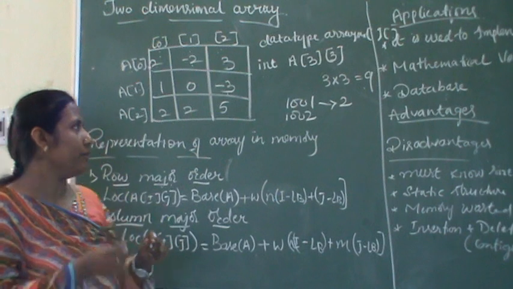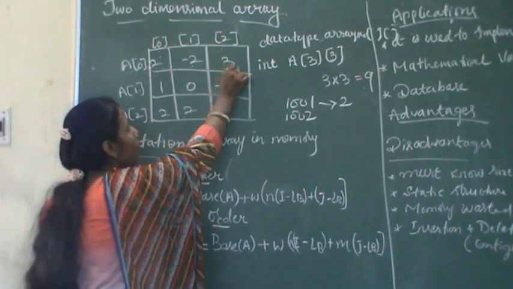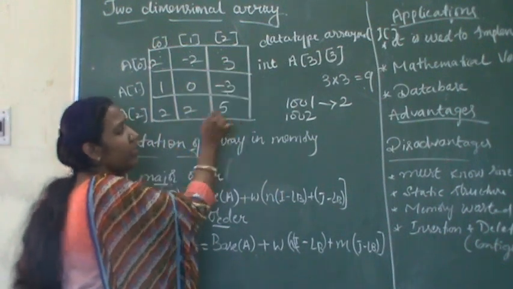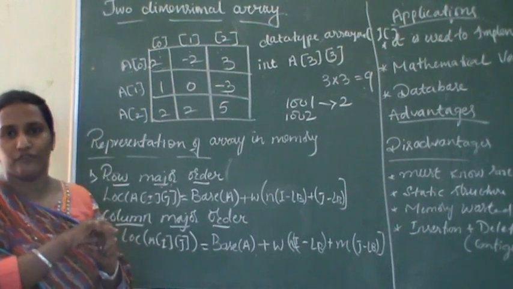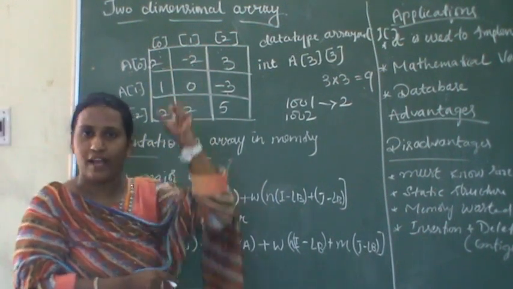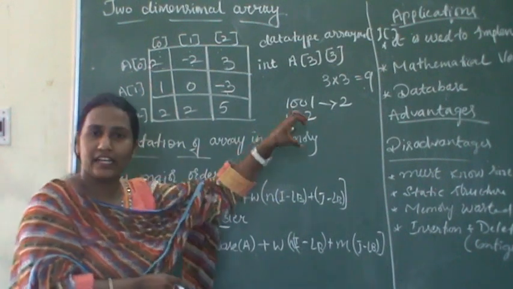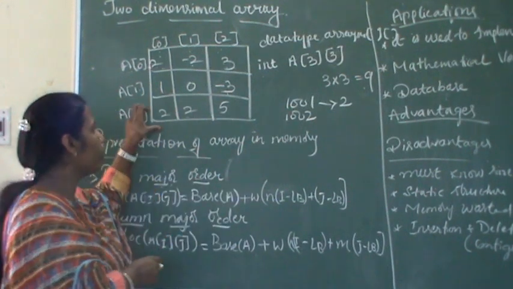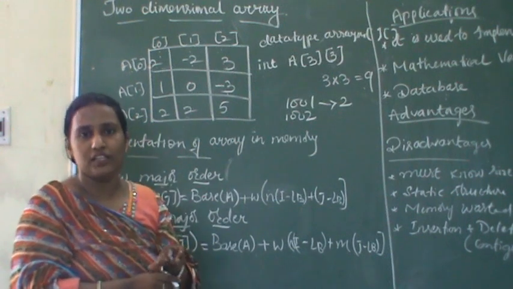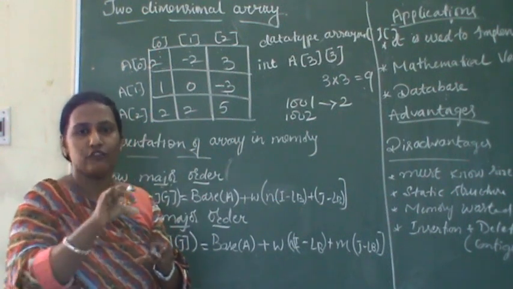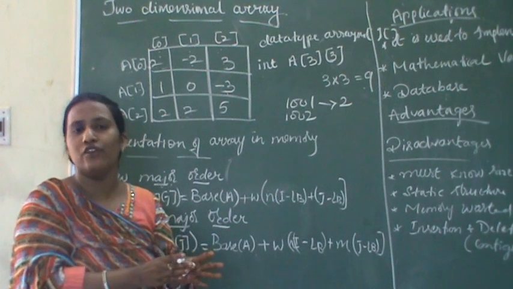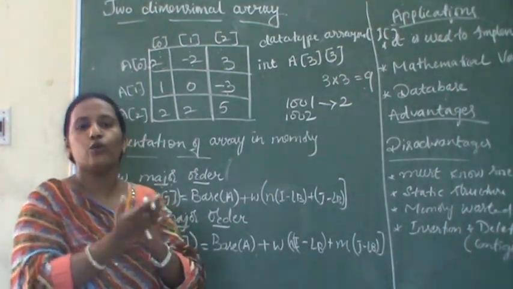Row major order means it stores the values row wise in memory. First it stores the first row values in memory, then the second row values, then the third row values. Storage as row wise is nothing but row major order.